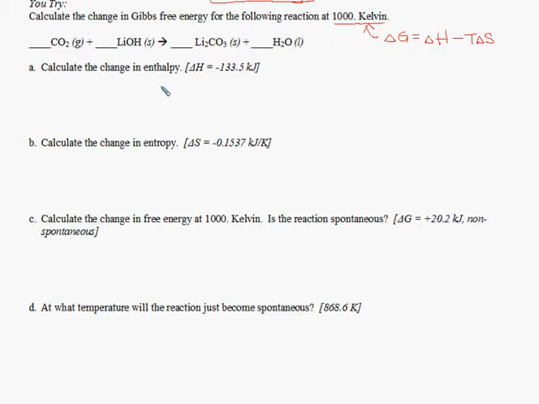So let's begin by just balancing our reaction. It looks like we can have a 2 in front of the lithium hydroxide and a 1 in front of the Li2CO3. It also looks like we can put a 1 in front of CO2. That gives us 4 total oxygens on this side, so a 1 in front of water. That gives us 4 total oxygens.